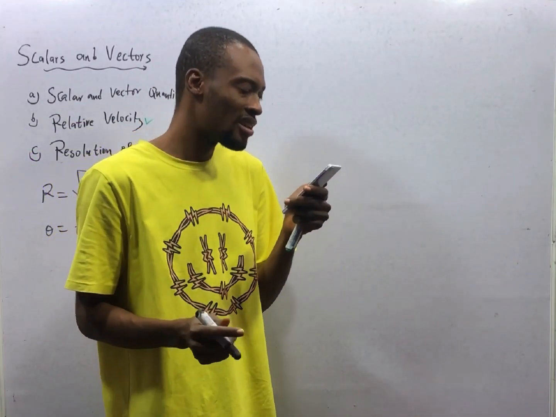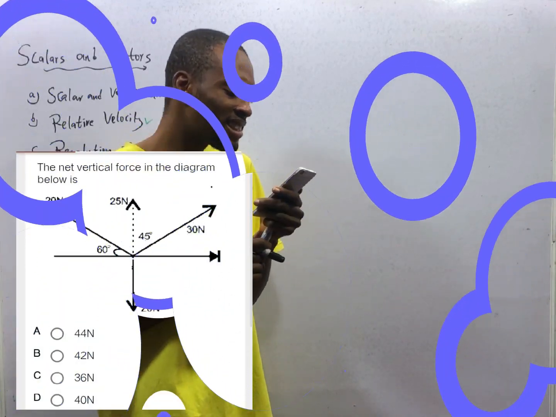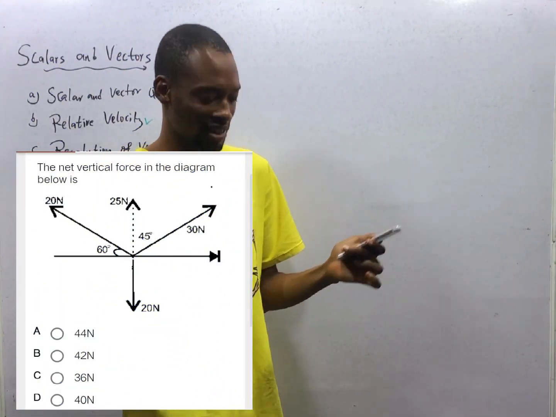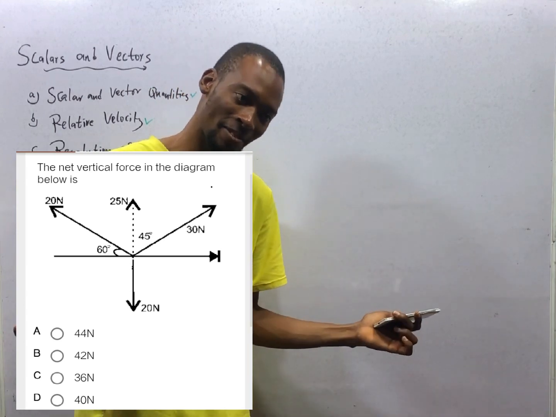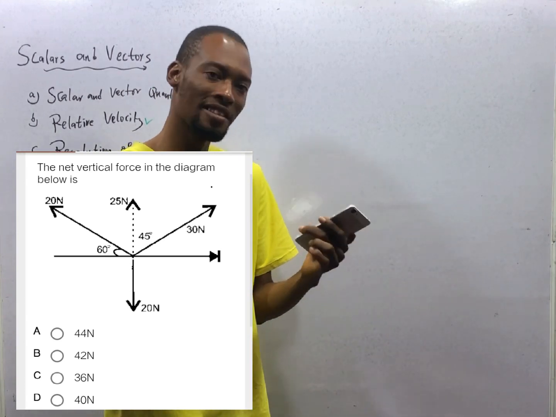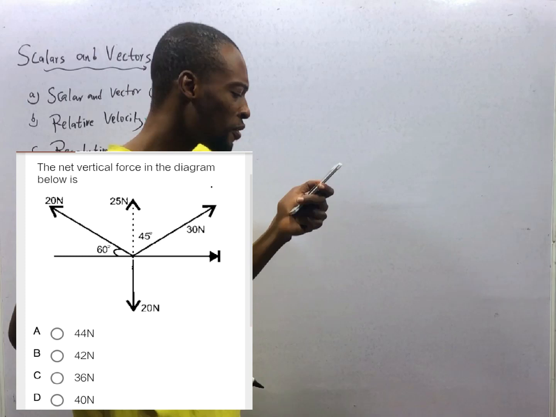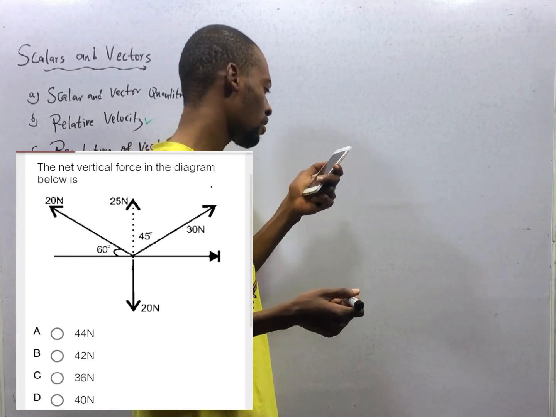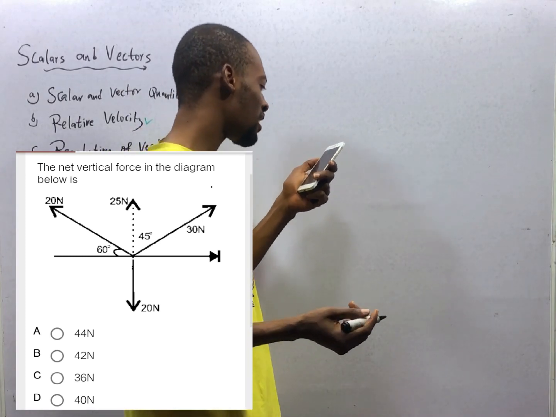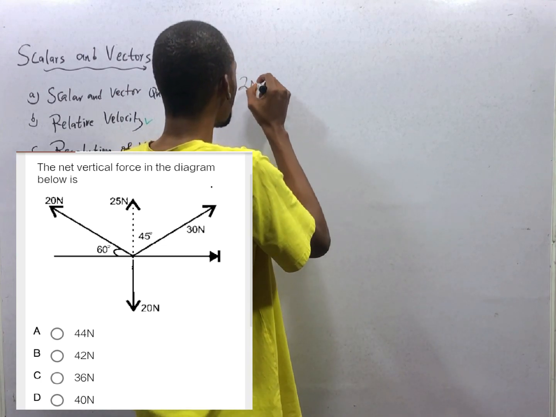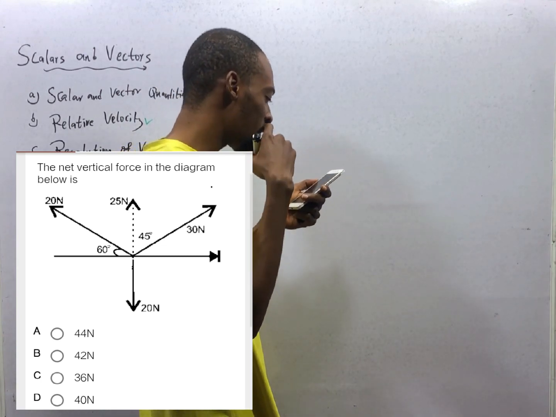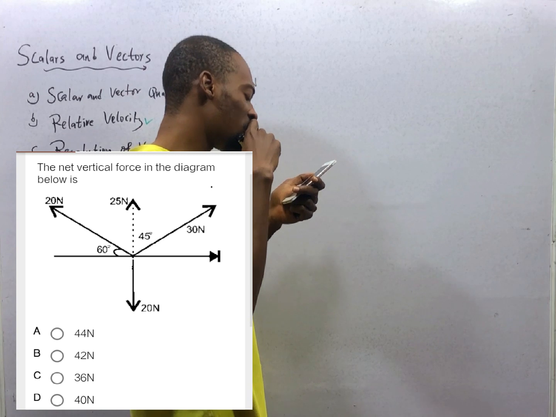And this question is requiring us to find the net vertical force. The last one says net horizontal force. This one says net vertical force. The net vertical force is the ones acting in the same direction: 25 Newton. Then we see 20 Newton.